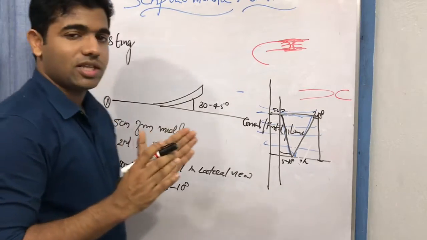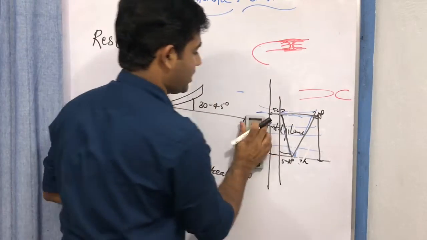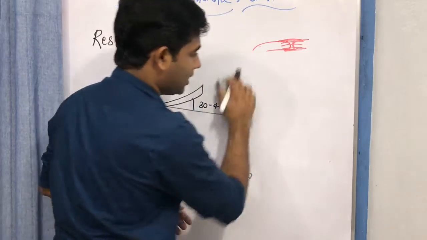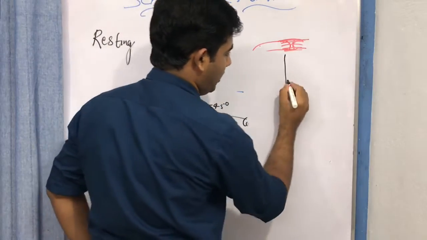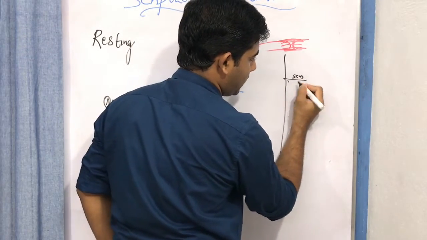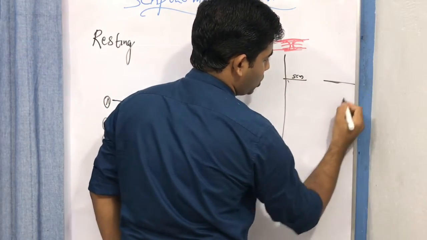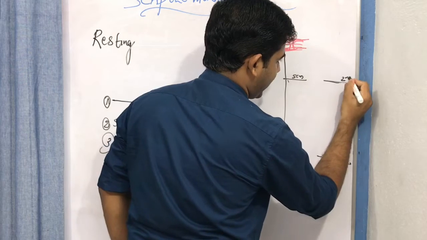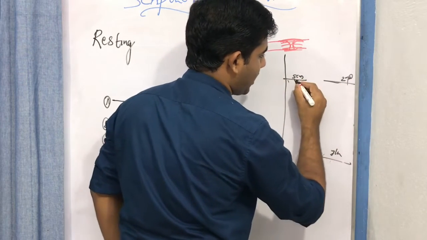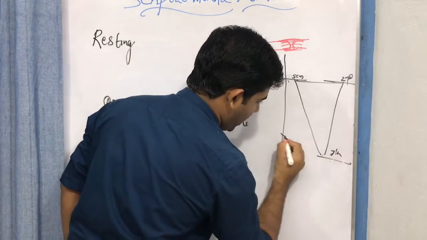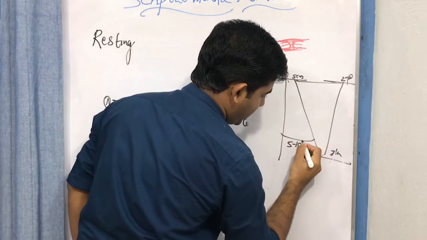We summarize the resting position of scapula. We see that the scapula is located from the midline of the body by 5 centimeters, ribs 2nd to 7th. So this will be the position of a scapula. It is upwardly oriented by 5 to 10 degrees.